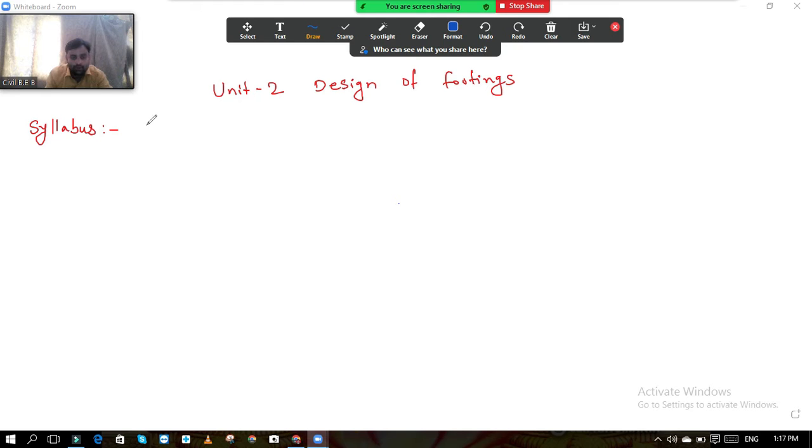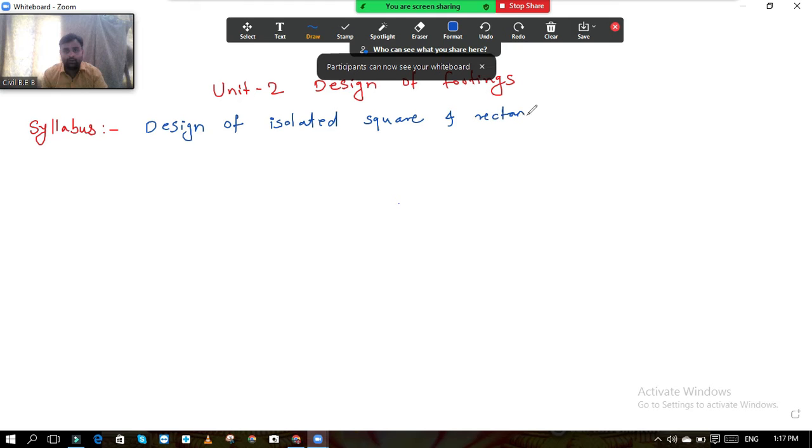So now the syllabus. In the syllabus, design of isolated square and rectangular column footings.